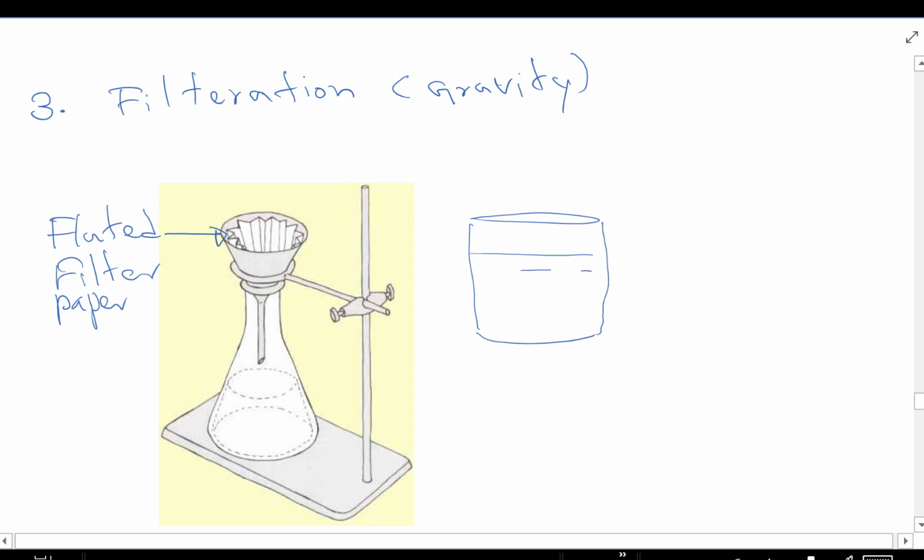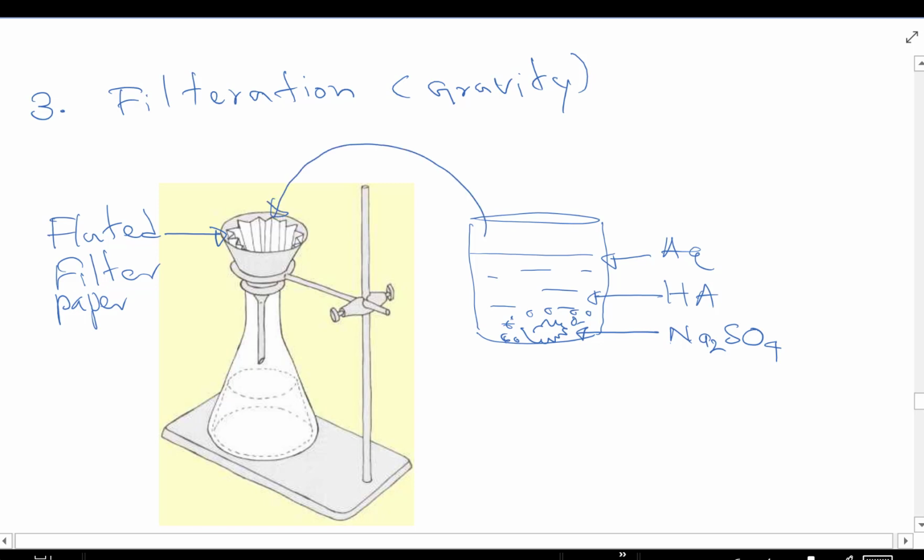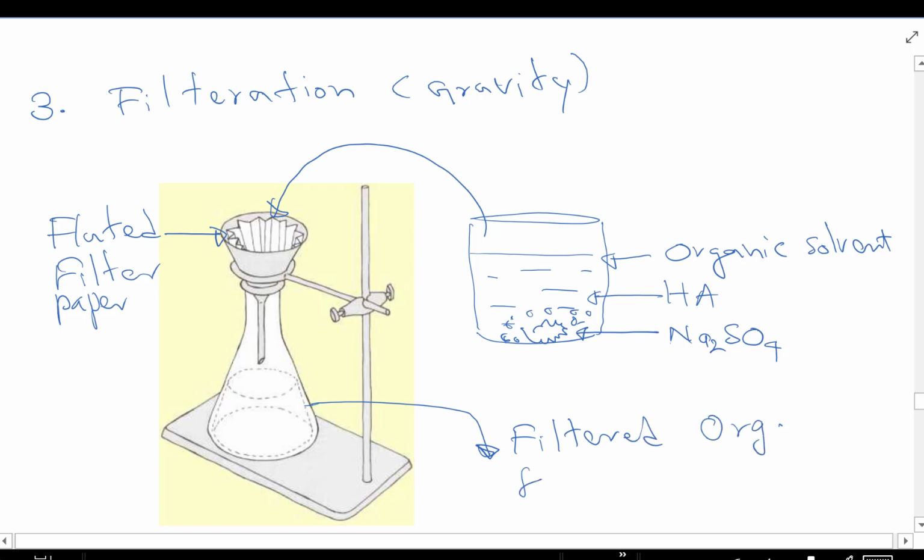If you have your beaker with organic solvent and, let's say, your organic acid is in it, and you add some sodium sulfate drying agent, that will make clumps, and when you add more, it'll look sandy. Now you filter this, so your solid hydrated sodium sulfate will stay in the fluted filter paper, and your purified solvent and your HA will be in the flask or the round bottom flask.